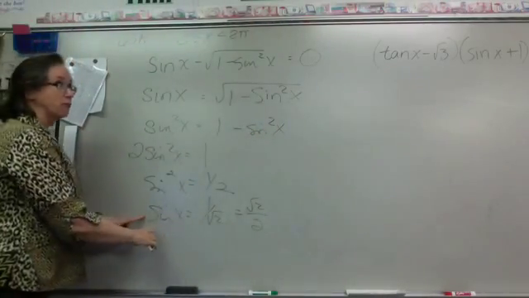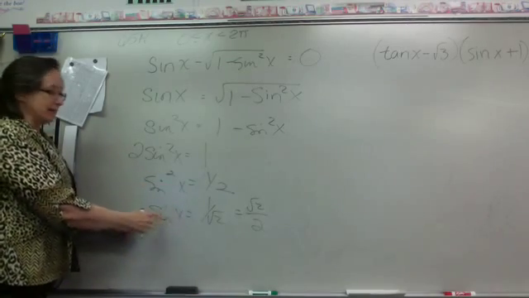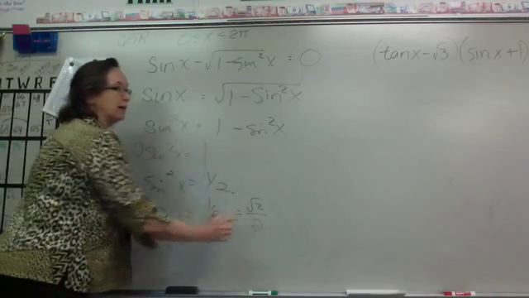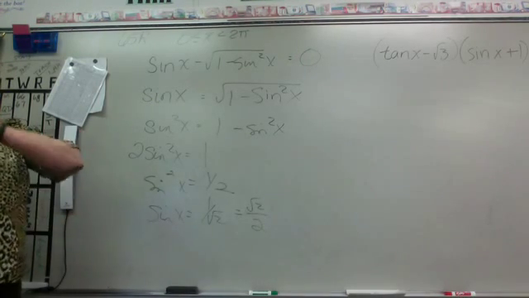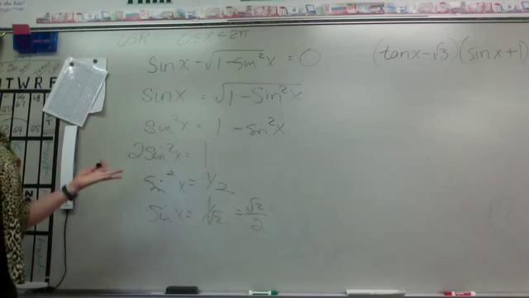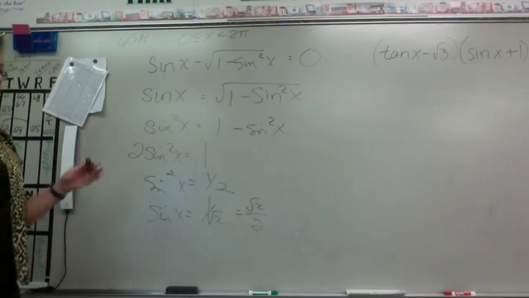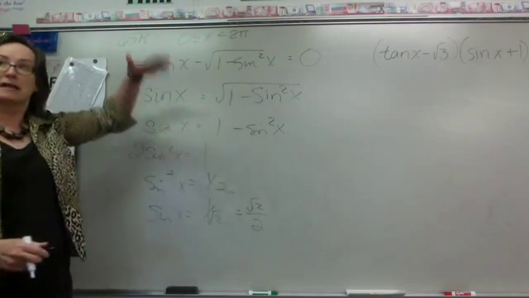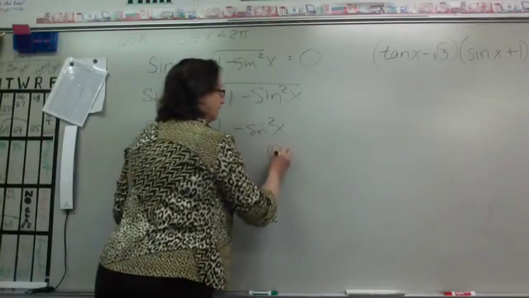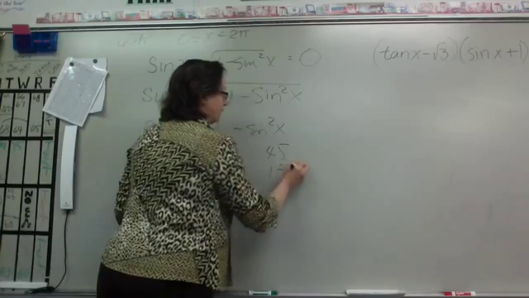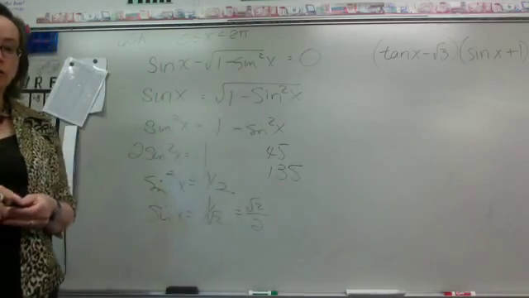So now I'm looking for where the sine of x is equal to the square root of 2 over 2. Where does that happen? 45 and 135, because you're looking for the sign being positive. Okay, 45 and 135 are your two solutions.